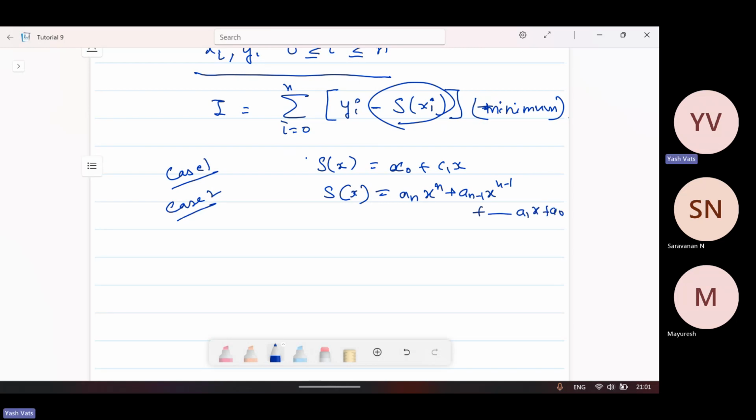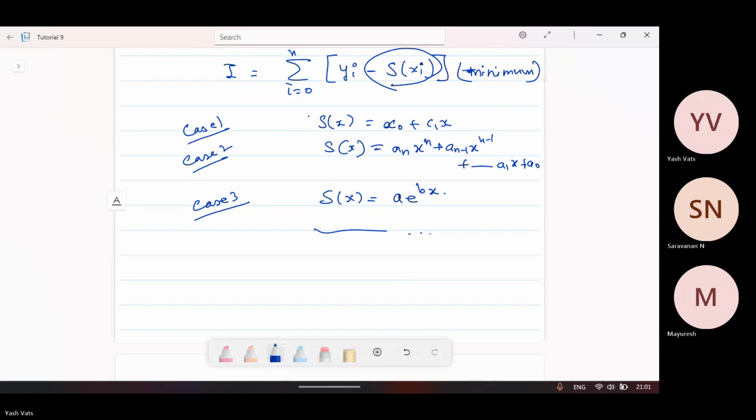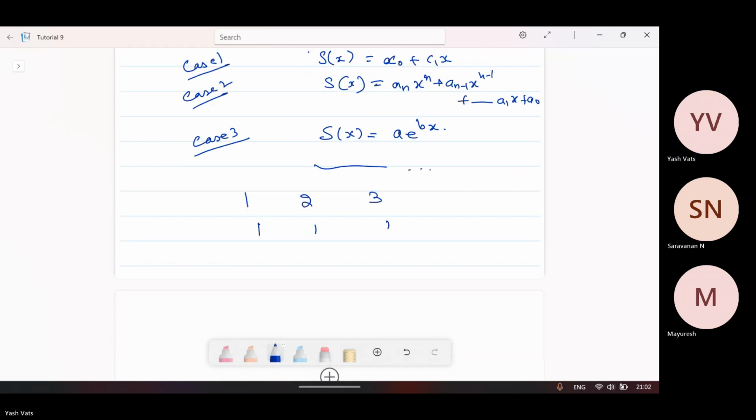You can take any exponential function, a to the power bx, anything, whichever case you want. Here you want to approximate some data, so I just take only 3 points, say (1,1), (2,1), (3,1). It's just easy.